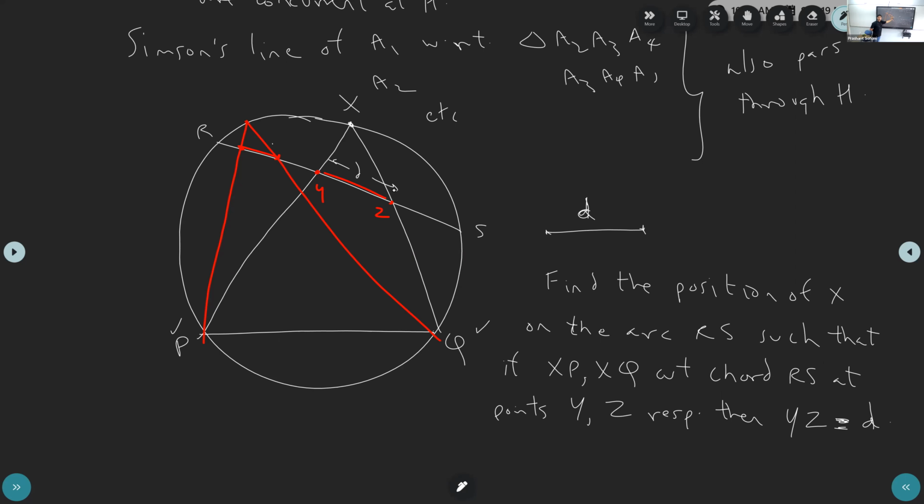This Y and Z will be very close, right? So basically that segment is becoming smaller and smaller. So at one end of the spectrum, like when X is very close to R, that segment will be almost non-existent. And same on the other side.